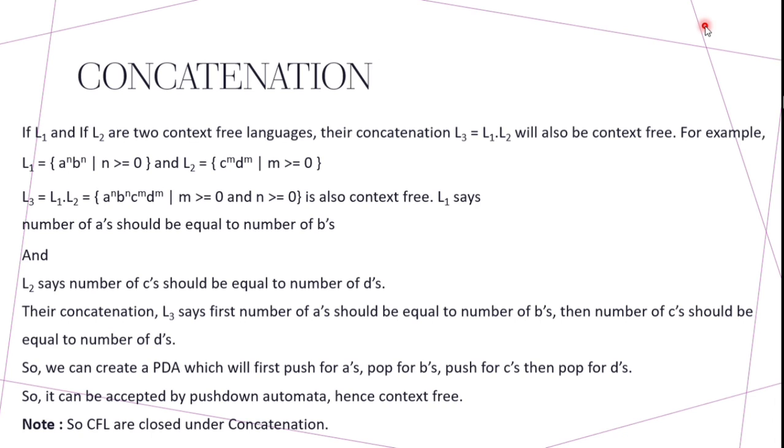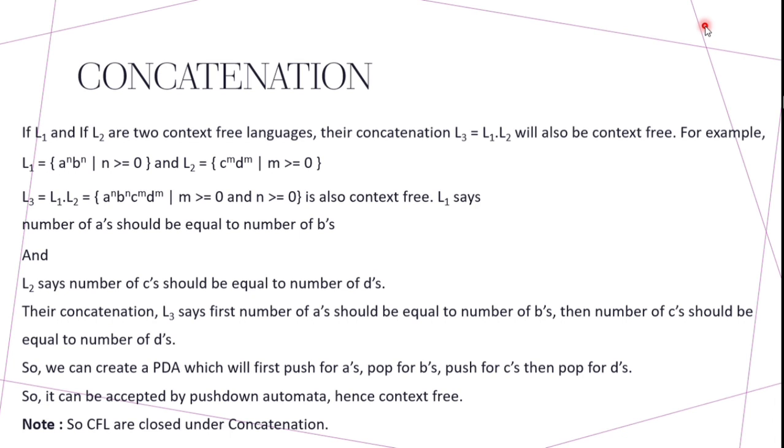So we can create a PDA which first pushes for A's, pops for B's, pushes for C's, and then pops for D's. So it is also accepted by pushdown automata and hence is a context-free language. So CFLs are closed under concatenation.